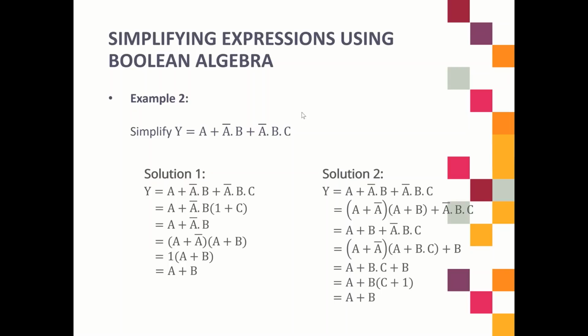Okay, so this is the second example. Simplify Y equals A plus A bar and B plus A bar and B and C. So this expression is a bit longer compared to our first example, right? So what is your first step?